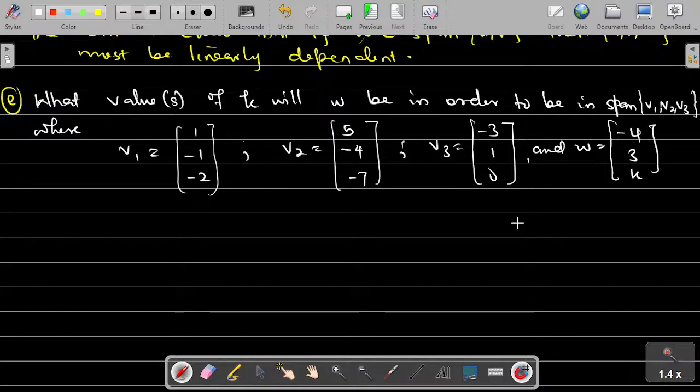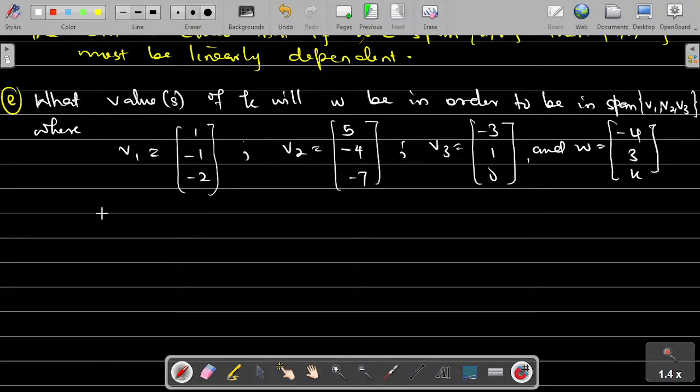So what's the question again? For what values of k will this particular w be in the span of these other three? He's just asking what will be the value of k for this w to be in the span of these other three.